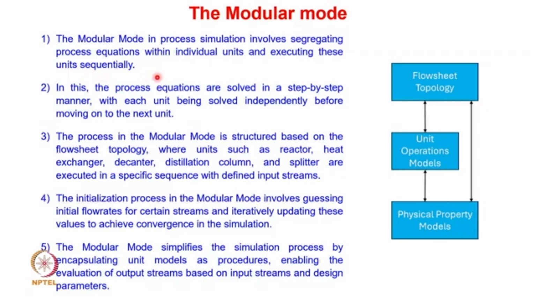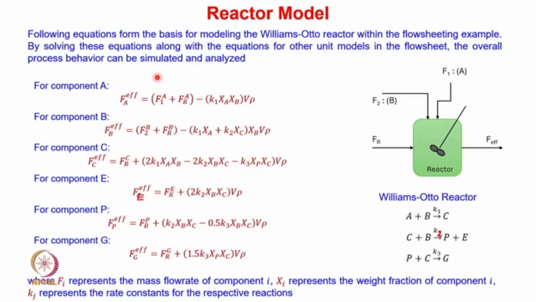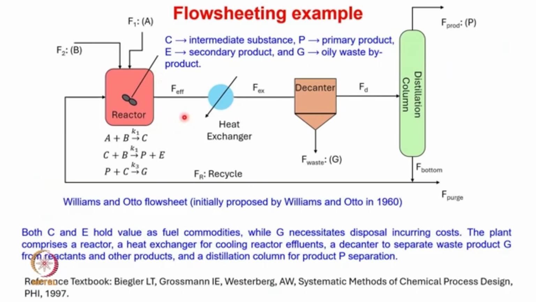If I look at the entire flow sheet here, there are in fact five units: reactor, heat exchanger, decanter, distillation column and splitter. All these five units we have to solve sequentially one after another. If you look at the modular approach, the model corresponding to each of these units, we are calling it a model for the individual unit operations.